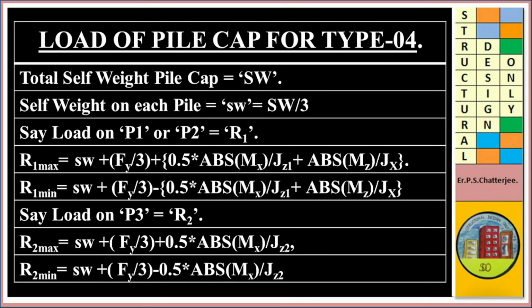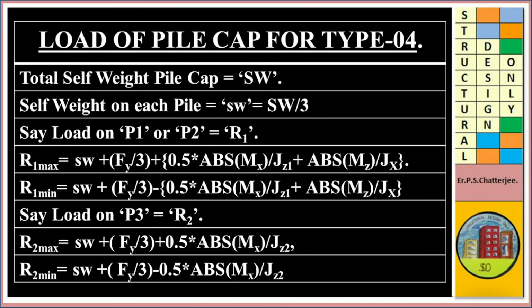R1 max is equal to sw plus Fy by 3 plus 0.5 into absolute Mx by Jz1 plus absolute Mz by Jx. R1 minimum is equal to small sw plus Fy by 3 minus 0.5 into absolute Mx by Jz1 plus absolute Mz divided by Jx.